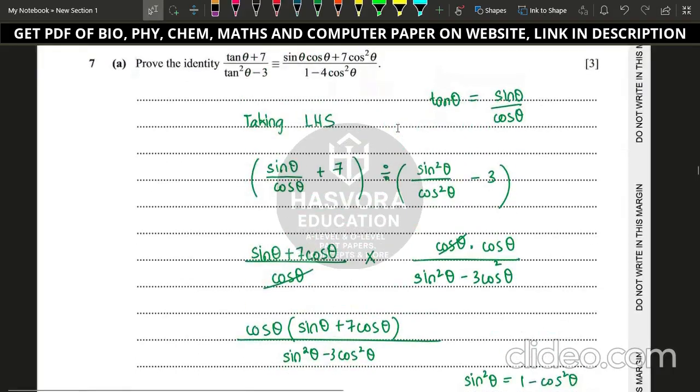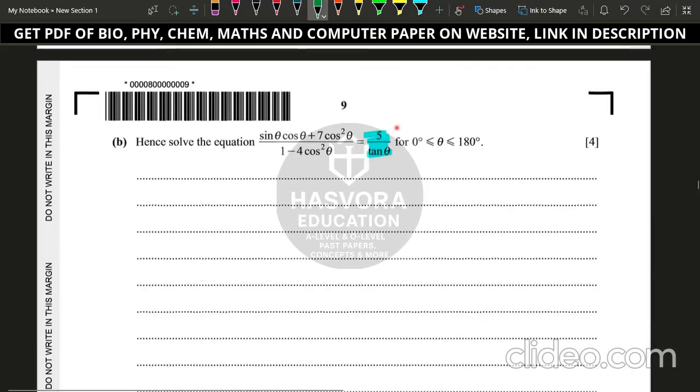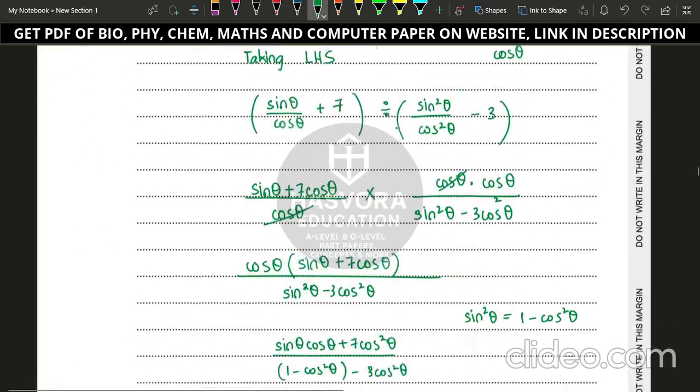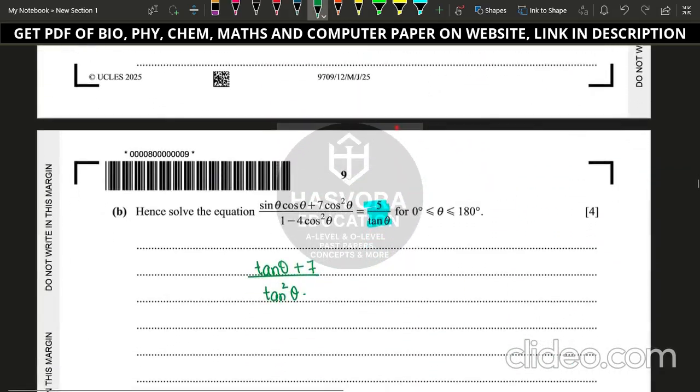So it is tan theta plus 7 divided by tan square theta minus 3. This is the same thing as sin theta cos theta plus 7 cos square theta divided by 1 minus 4 cos square theta. So this becomes 5 over tan theta.